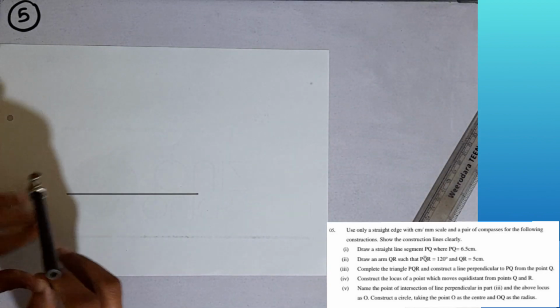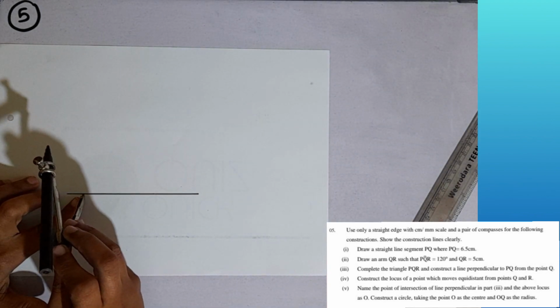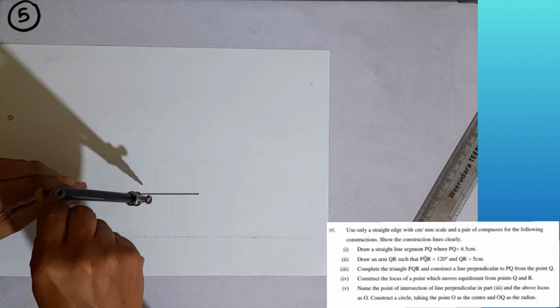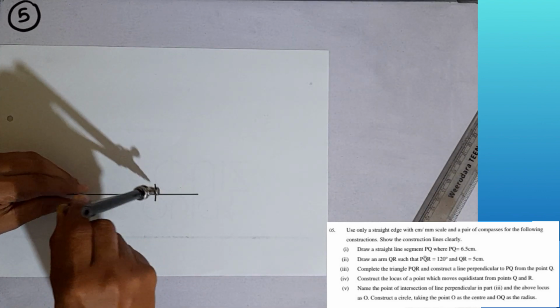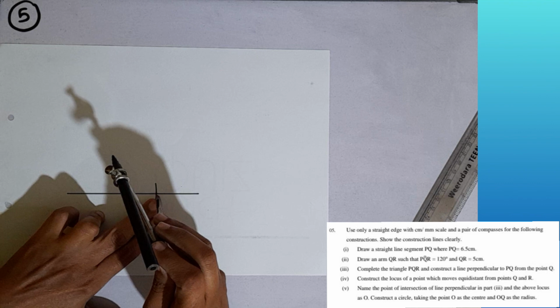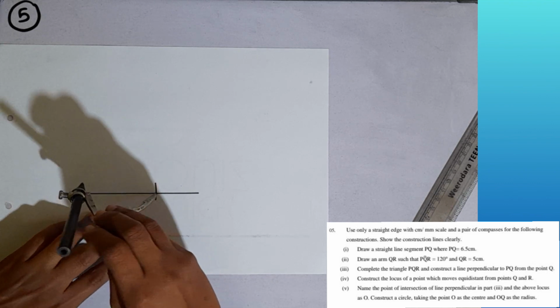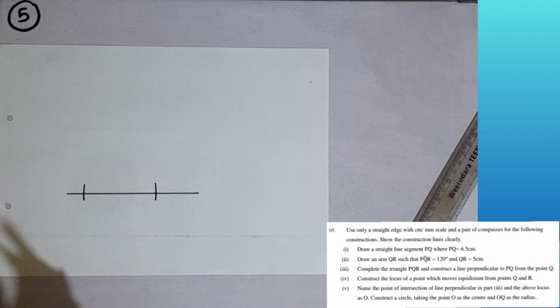Keep the point of the compass here and draw an arc like this. Then without changing the distance, draw another arc like this. Then this distance equals 6.5 centimeters.